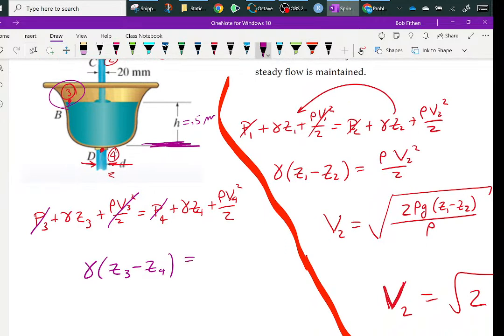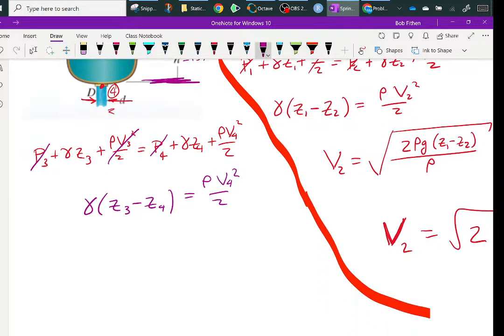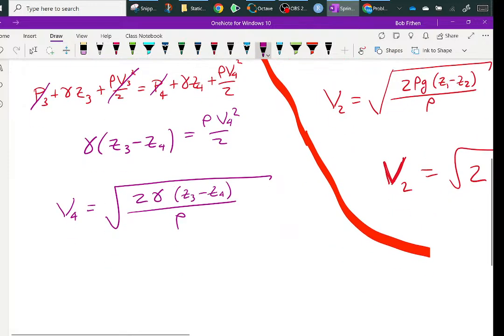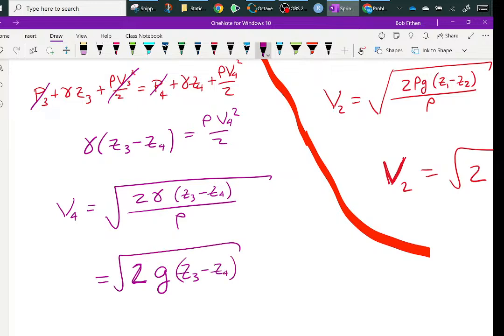equals rho V4 squared over 2. Bring the 2 across and you get the same thing, V4, but with 2 gamma times Z3 minus Z4 over rho, which is the same thing as the square root of 2G times Z3 minus Z4.